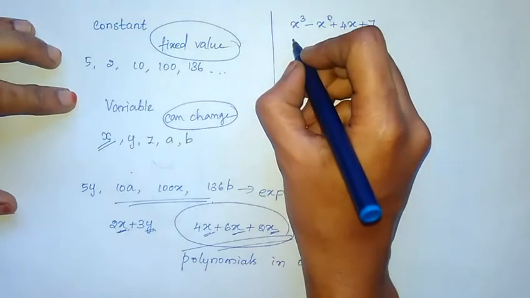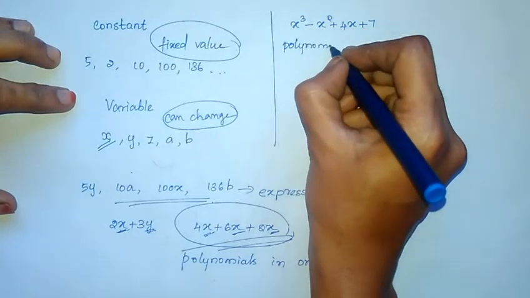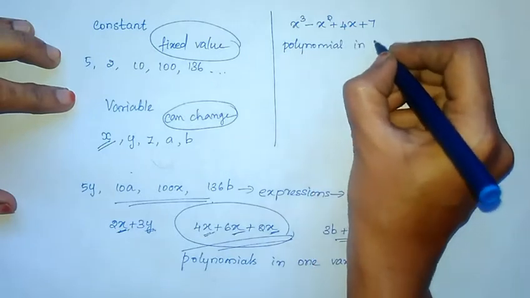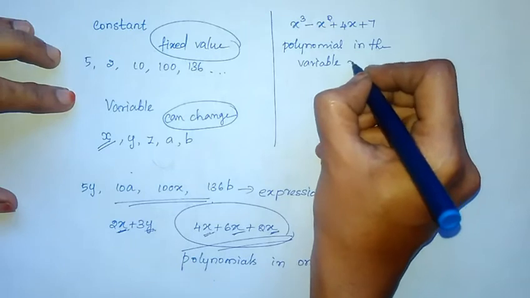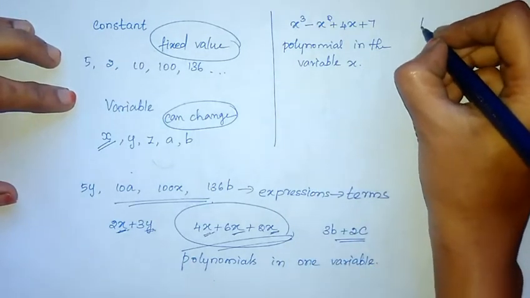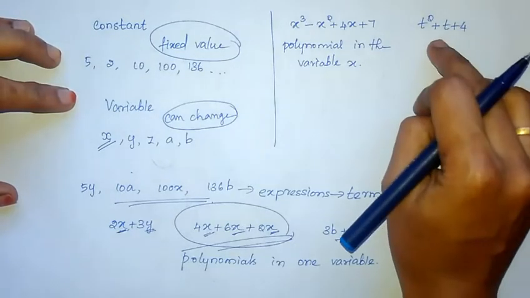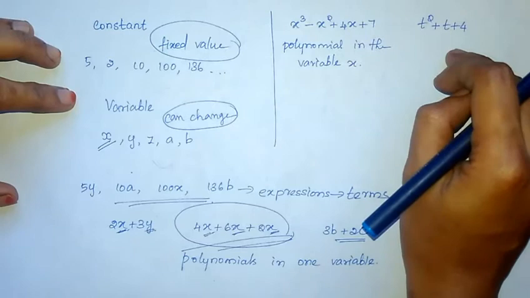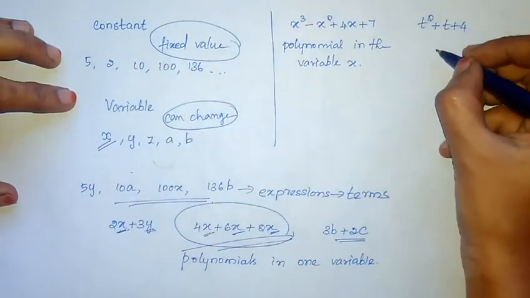So this is a polynomial in the variable x. Now I am going to write another example. t square plus t plus 4. Here we have only one variable, that is t. So we can say this is a polynomial in the variable t.